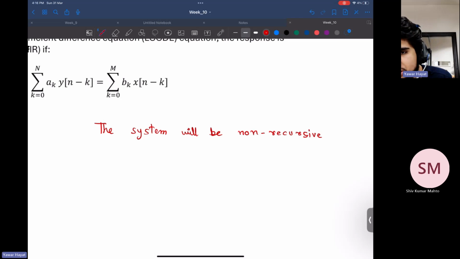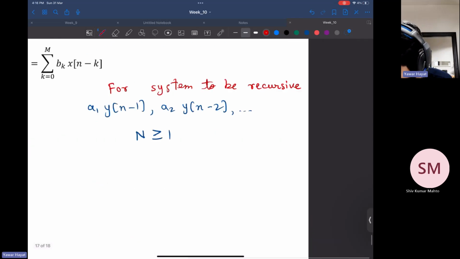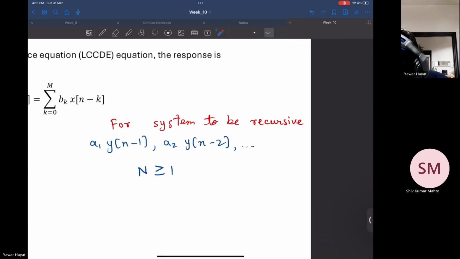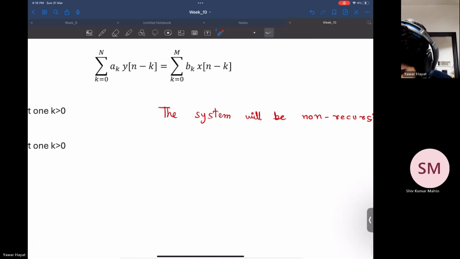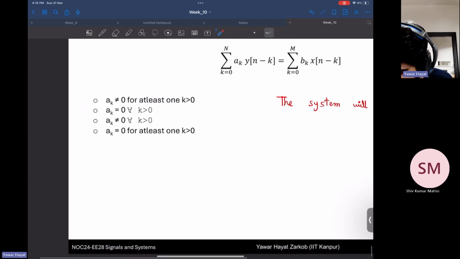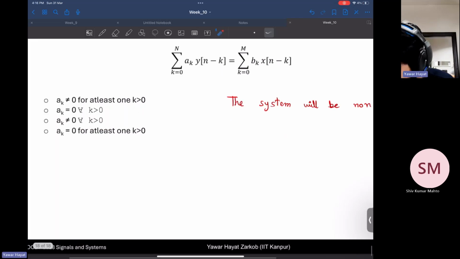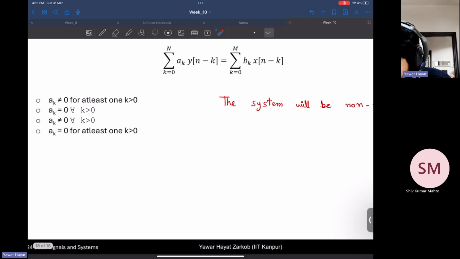The system will be non-recursive when you won't have any of those terms that I talked about. There should be only y[n], so k should be equal to 0. You should not have any a_k for k greater than or equal to 1. In that case, this seems the correct option: a_k is equal to 0 for k greater than or equal to 1.